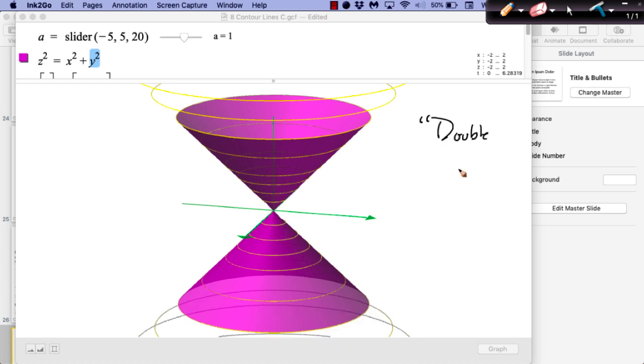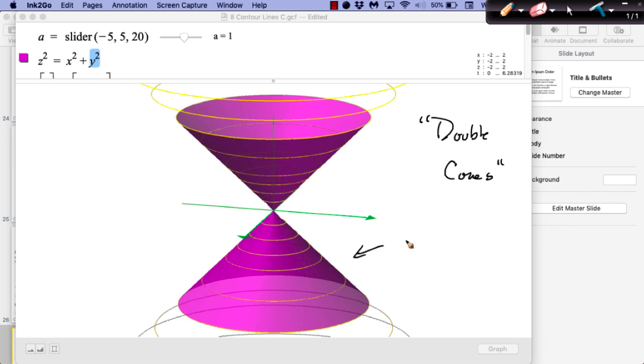All right, with double cones, you have all the same variations as with paraboloids. I can change the direction that it opens by changing the variables around. I can translate it by taking x minus, y minus, z minus, which moves the vertex and moves the whole double cone. And we can have elliptical double cones by smushing it.